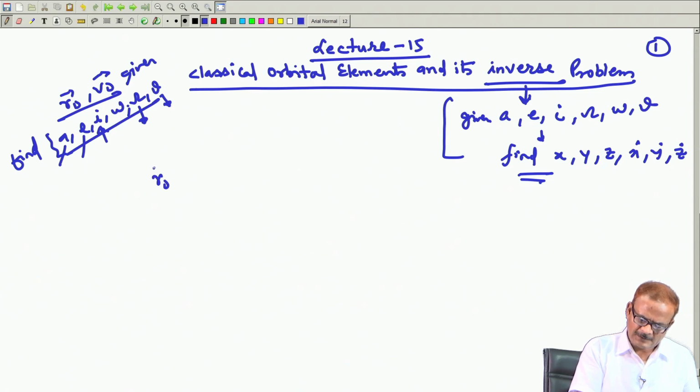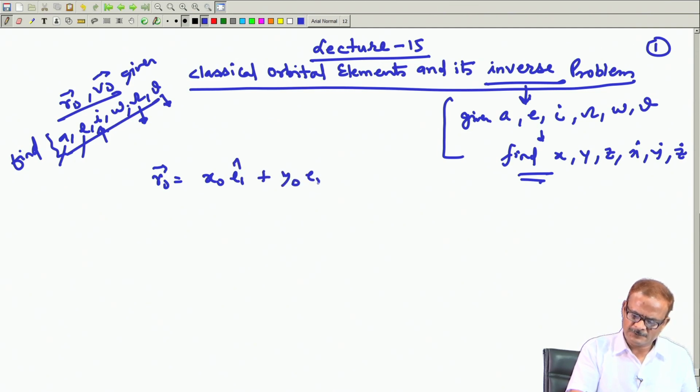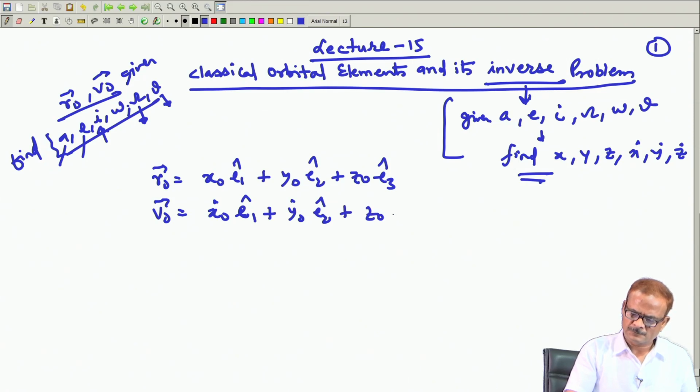So, we have written R 0 equal to x 0 E 1 cap, y 0 E 2 cap and z 0 E 3 cap, and V 0 equal to x 0 dot E 1 cap, and so on up to E 3 cap.